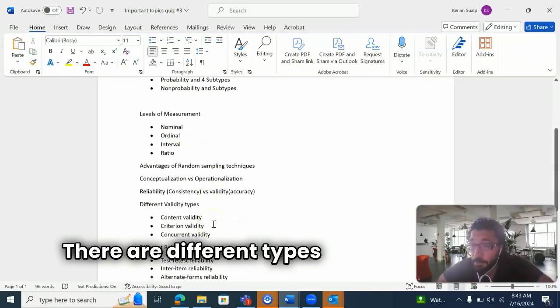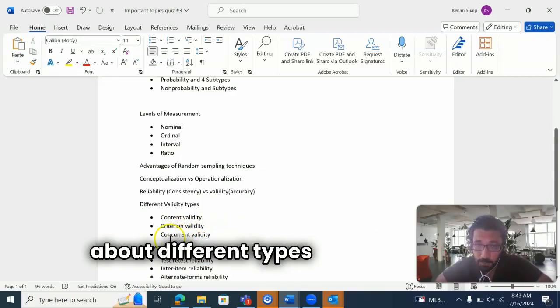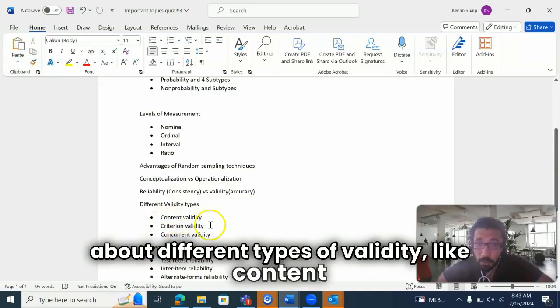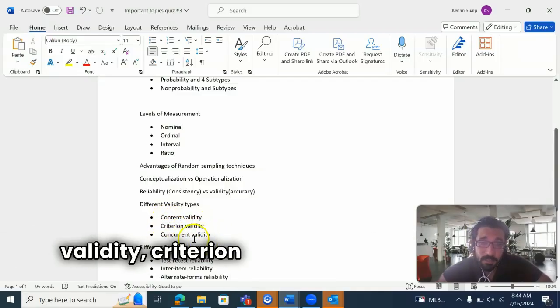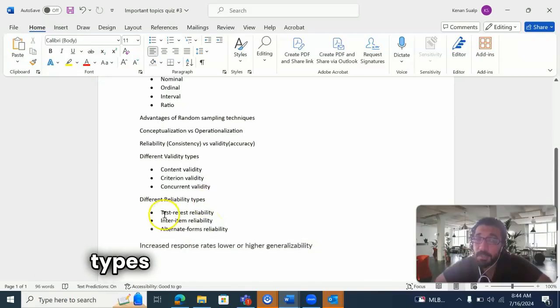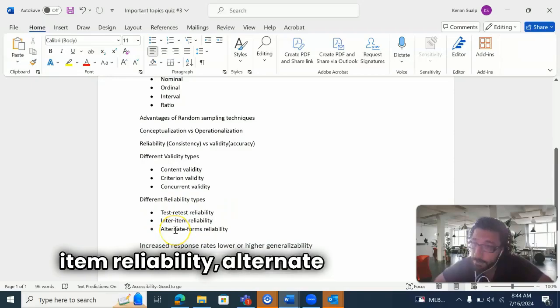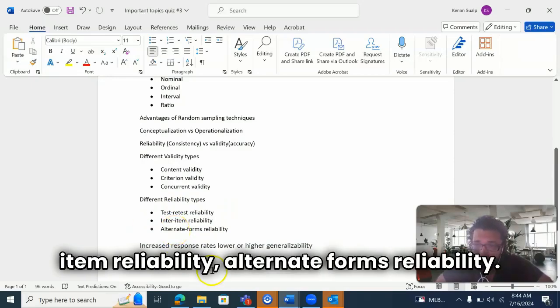There are different types of reliability and validity. I want you to make some readings about different types of validity, like content validity, criterion validity, and concurrent validity. And also there are different reliability types, like test-retest reliability, inter-item reliability, alternate forms reliability.